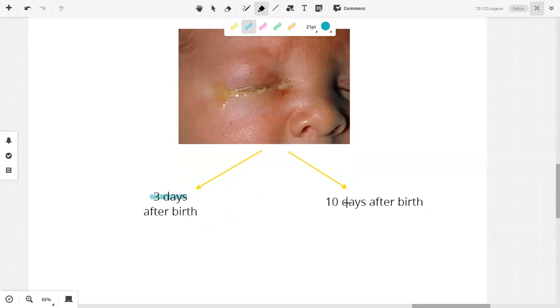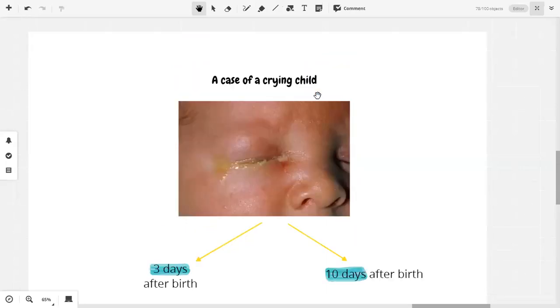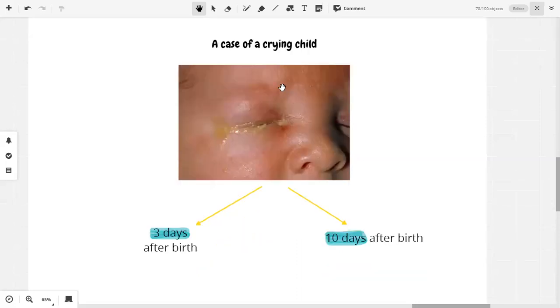One is 3 days and the other is 10 days. So where do you think this infection is coming from? Vertical transmission, right? During delivery. Not urinary tract infection or anything, this is vertical transmission.